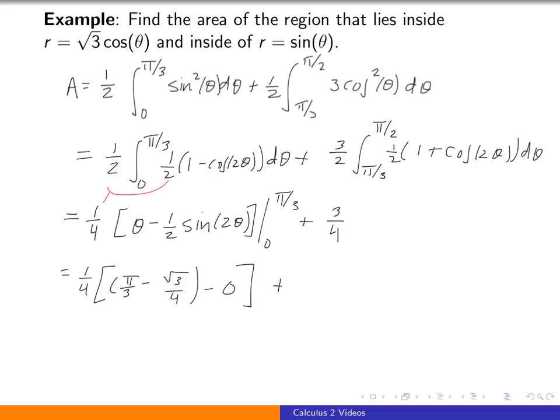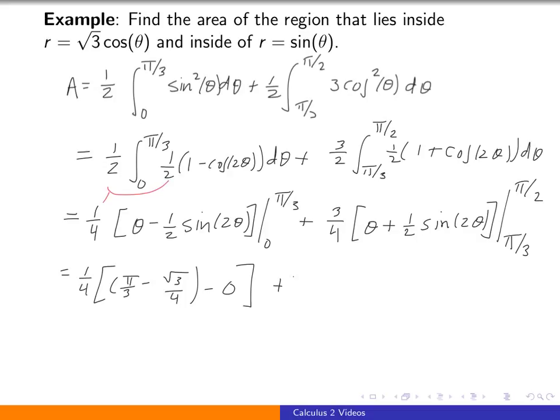The antiderivative would be theta plus 1/2 sine 2 theta. Hopefully at this point, the problems are starting to feel very similar to each other. The difference is really in the setup. That's where the difficulty is involved. The evaluation is typically applications of that double angle formula for cosine.